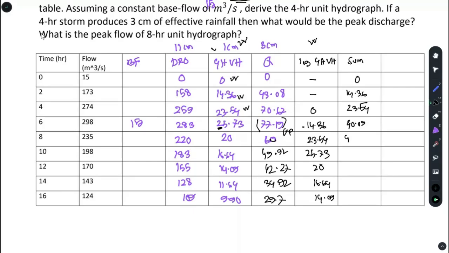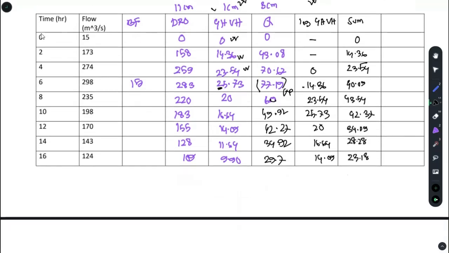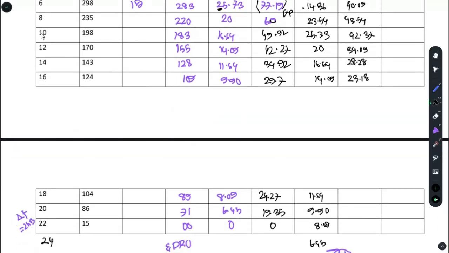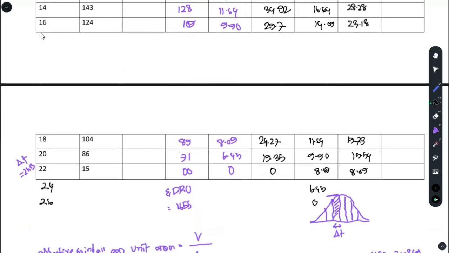Later the values of 43.54, 42.3, 37, 34.19, 28.28, 23.18, 19.73, 15.54, 8.09, 6.45, and 0.